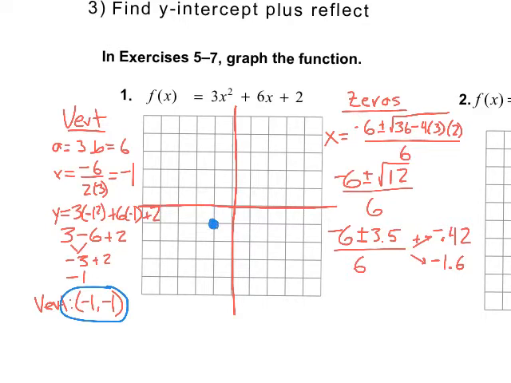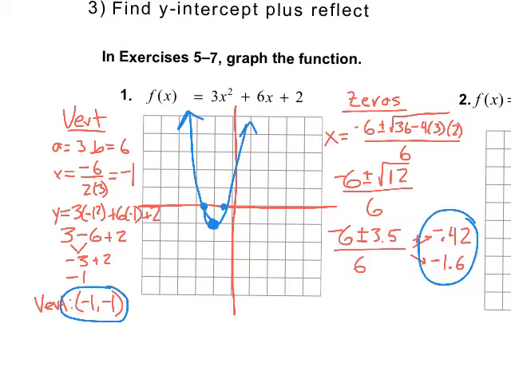So there's my vertex. And then my zeros always go on the x-axis. So for these points, I'm going to go left about a half for the negative 0.42. And then I'm going to go a little more than negative 1.5 for the negative 1.6. So it's going to be my tiny little parabola here. Just connect those with a parabola, and you're done.